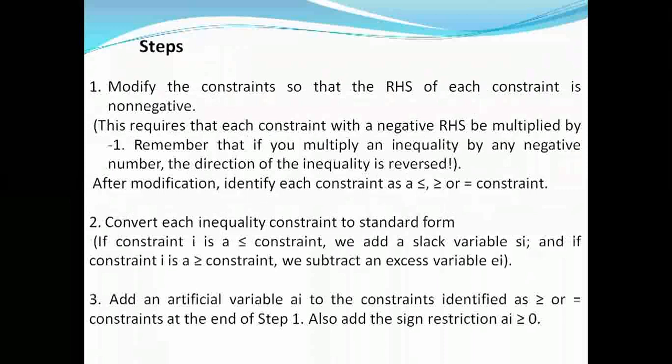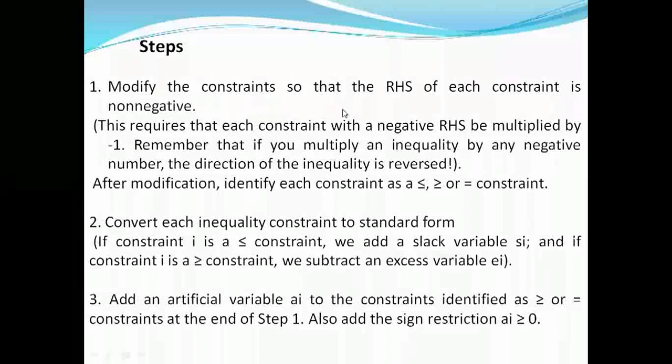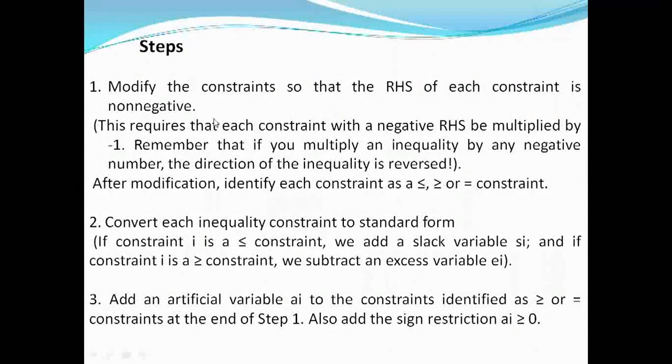Here we will discuss the detailed steps one by one. We have 4 different steps to be followed for implementing the Big M method in the linear programming technique of operational research. Step one: modify the constraints so that the RHS of each constraint is non-negative.